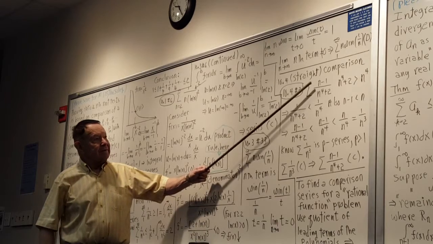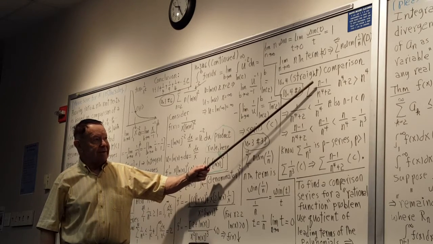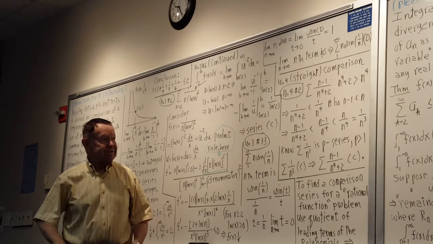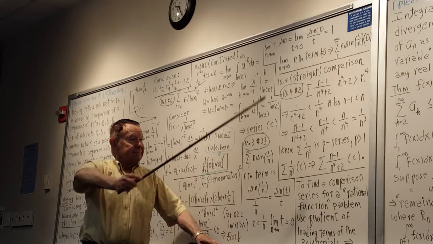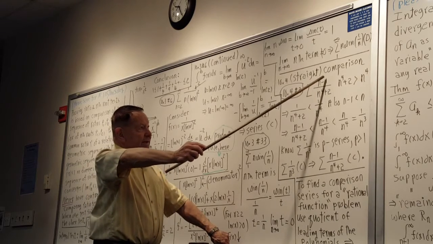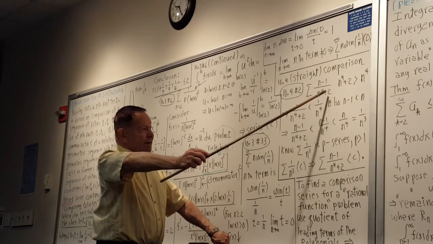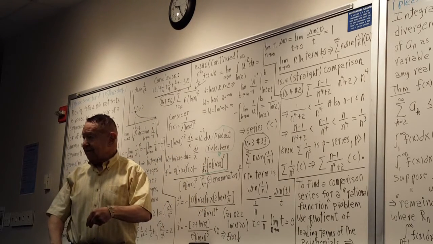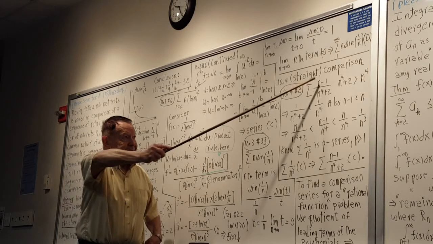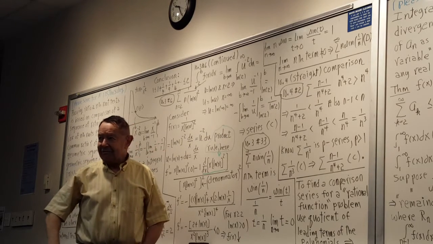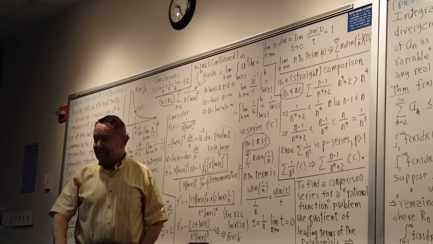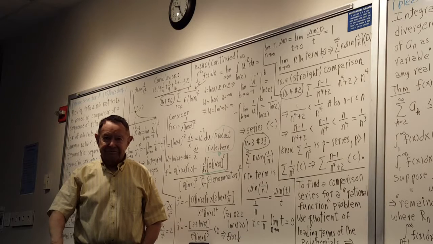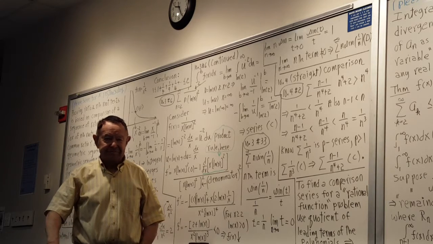If you think of n as 10, this as it is would be 9 over 10,002, okay? 9 over 10,002 and 10 over 10,000, there's not that much difference. If you try it on your calculator, you're talking about 1 over 1,000, right?